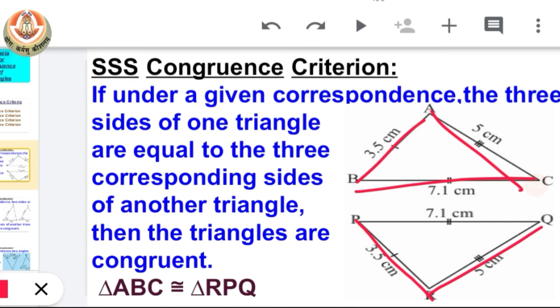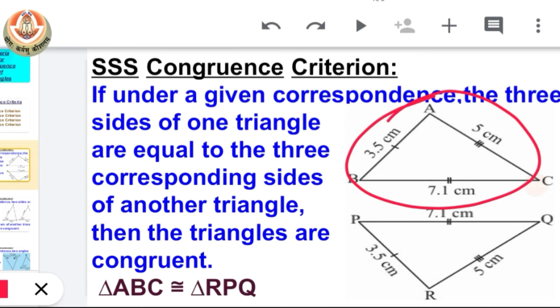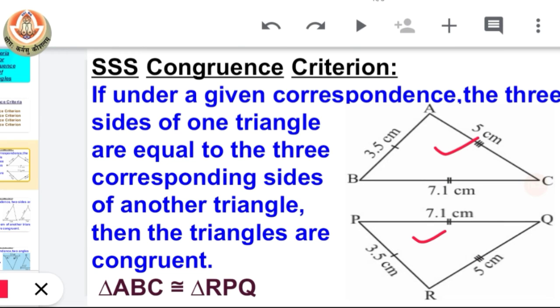You can see here they've given two triangles where the three sides of one triangle are exactly the same as the three sides of the other triangle. So we can say that both triangles are congruent to each other on the basis of SSS congruence criteria.